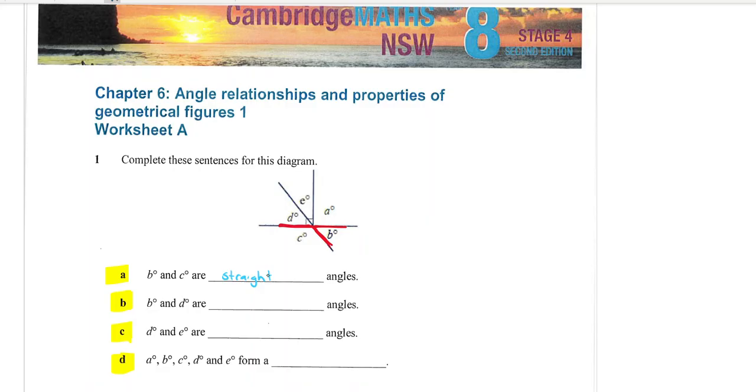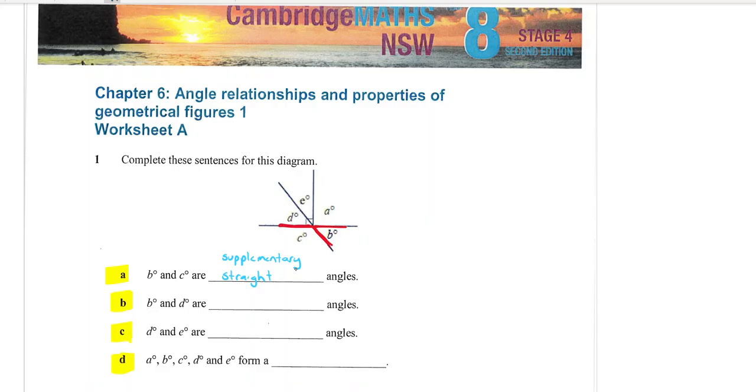They are making a straight angle. The word that I think they're wanting, which would fit the sentence a little better, is the word supplementary. That was a special word that we had for two angles that add to 180 degrees.